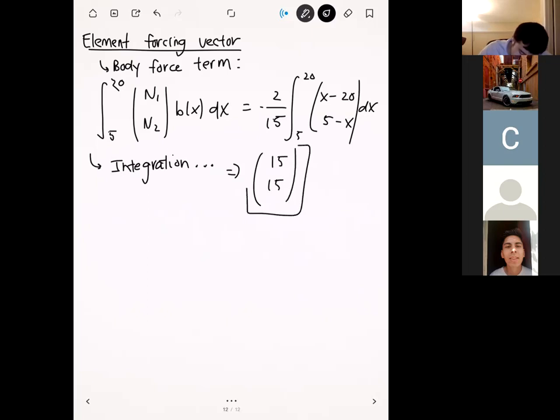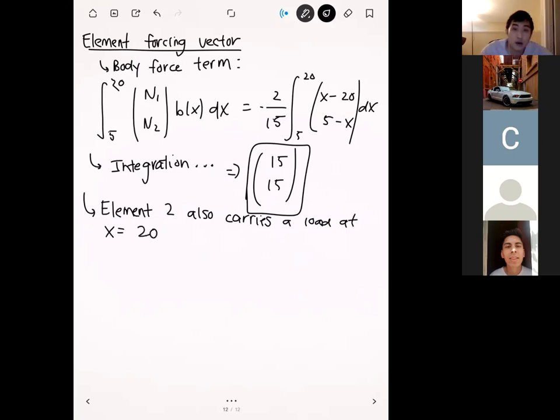Okay. And so that's the element forcing vector for element 2. Okay. But that's just the body force term, because remember, element 2 here also is carrying the load. Okay. And in fact, the location for this load is going to be x is equal to 20.